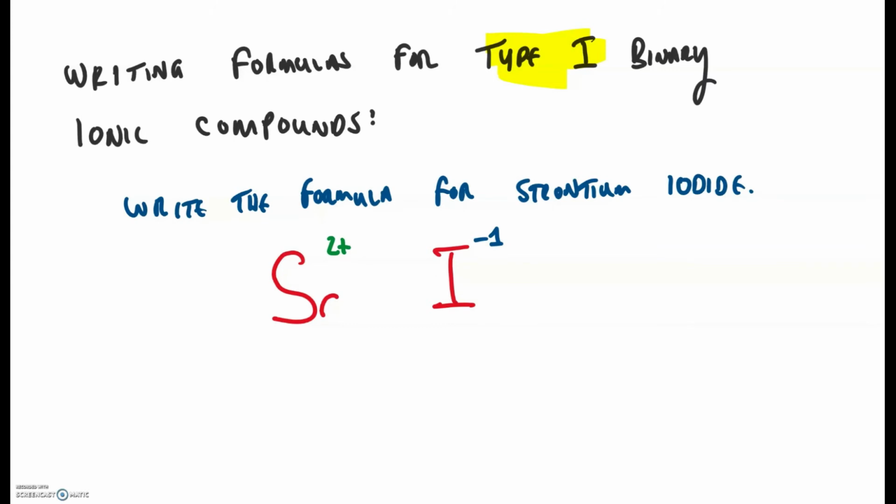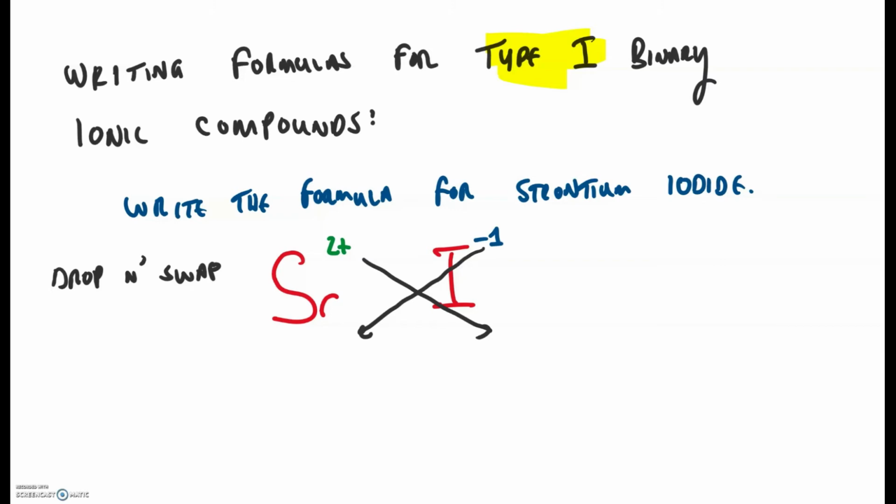We could play around with multiplying by stuff and how many of this or that do we need, but an easier way is what we call the drop and swap. This is an easy way to find out how many of each ion we need to make the molecule's charge overall be 0.